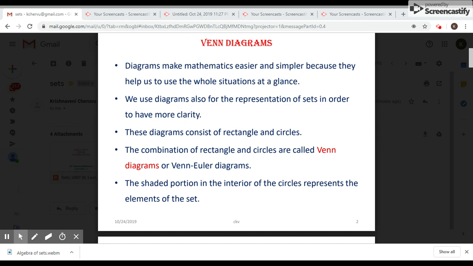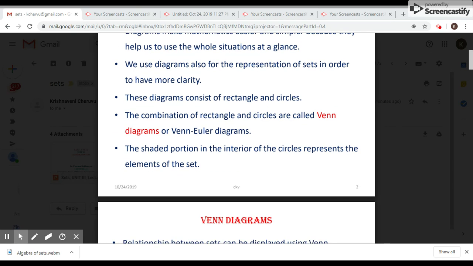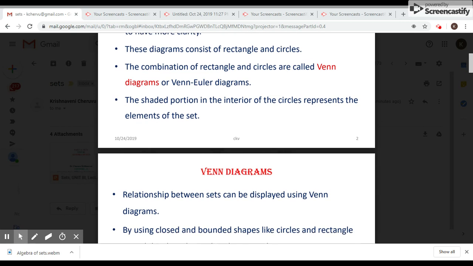These diagrams consist of a rectangle and circles. The combination of rectangle and circles is called a Venn diagram or Venn-Euler diagram. The shaded portion in the interior of the circles represents the elements of the set.